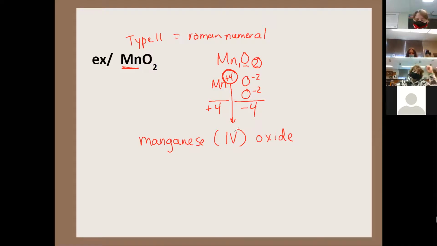Another way to do this without writing all of the ions out, I'm going to rewrite my formula. And this is how I usually do these, is I start by thinking about my negative charge. I'm just going to write that up here in the corner. Now, we know that 1 oxygen has a -2 charge, but we have 2 of those. So if we multiply those, we know that there's a total -4 charge.